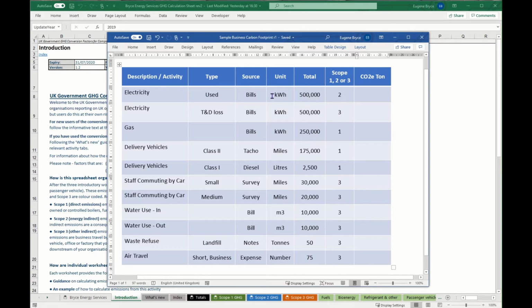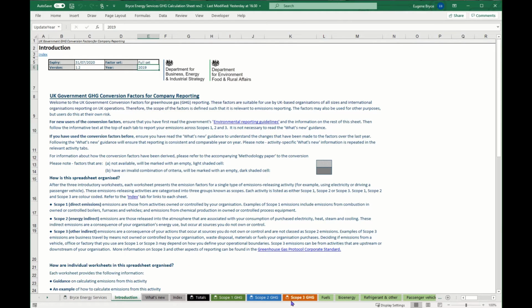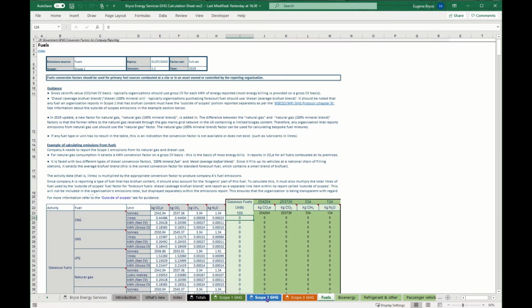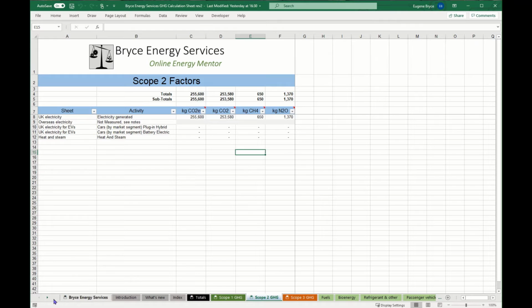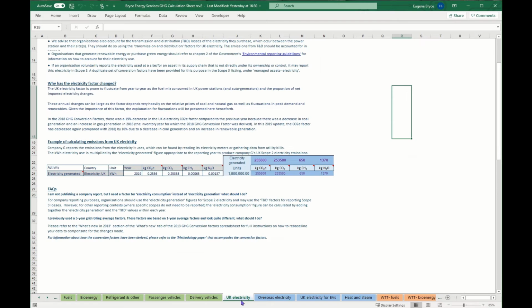The unit is kilowatt hours and it's 500,000. So go back to our sheet. Scope 2. This is where you simply start plugging in numbers. There was a number there, so replace that with 500,000.